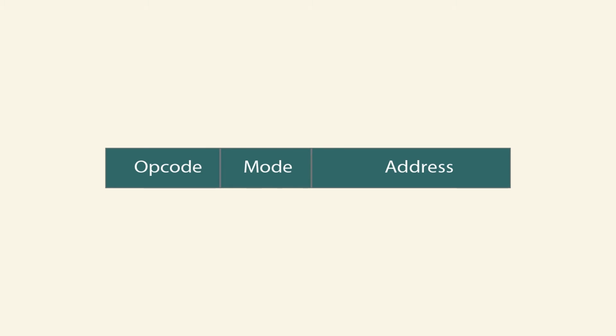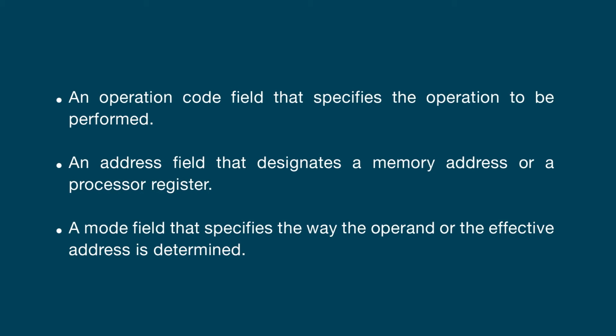The most common fields found in instruction formats are an operation code field that specifies the operation to be performed, an address field that designates a memory address or a processor register, a mode field that specifies the way the operand or the effective address is determined. Other special fields are sometimes employed under certain circumstances.